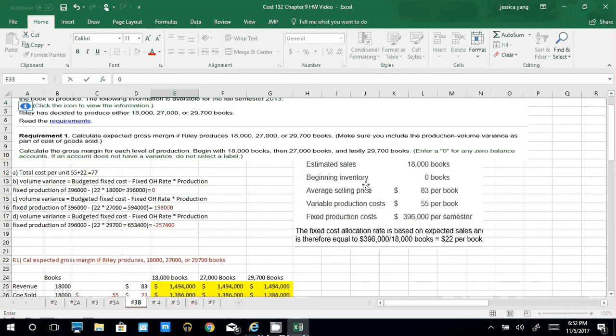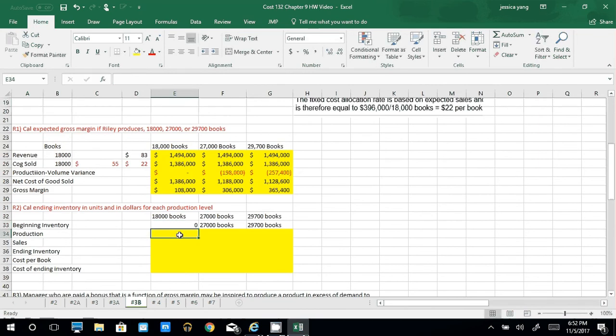Beginning inventory was 0 books. And my production was 18,000 books. I sold 18,000 of them, which left me with 0 for ending inventory. And the cost per book overall was $77, which we got from $55 and $22. That was a total of $77 cost per book. And the cost of ending inventory is 0.